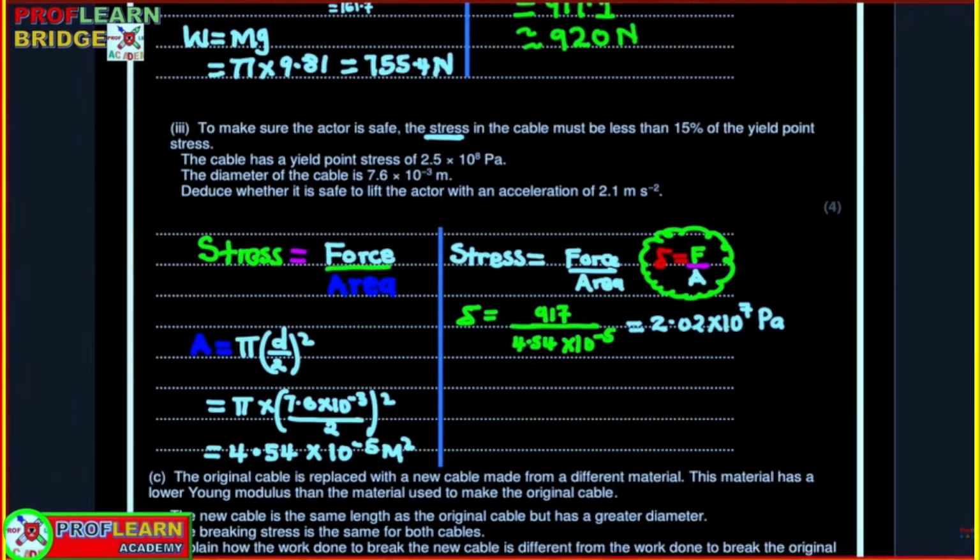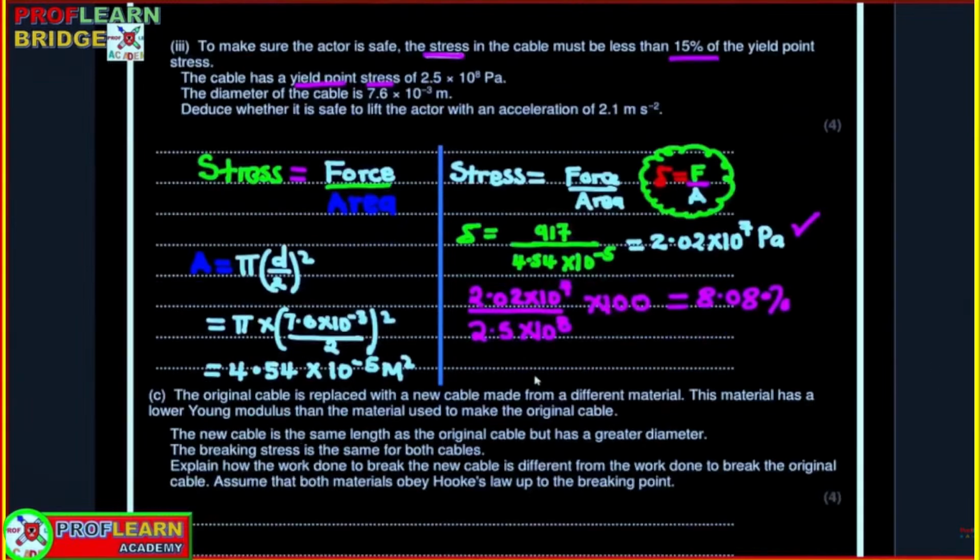So I can say now, using that, divide by the yield point stress times 100. This translates to 8.08%, and this is actually less than 15%. Which means that it is still suitable, still safe.